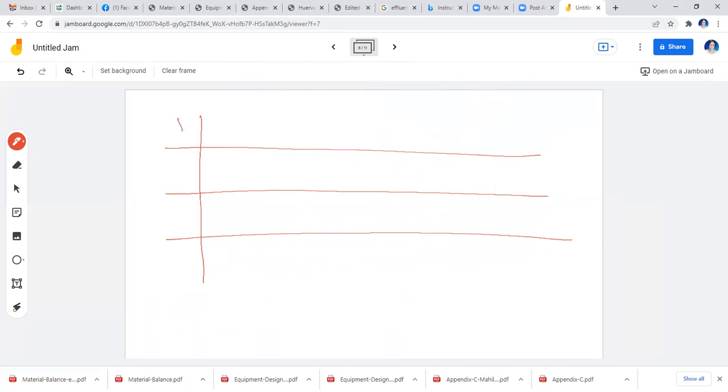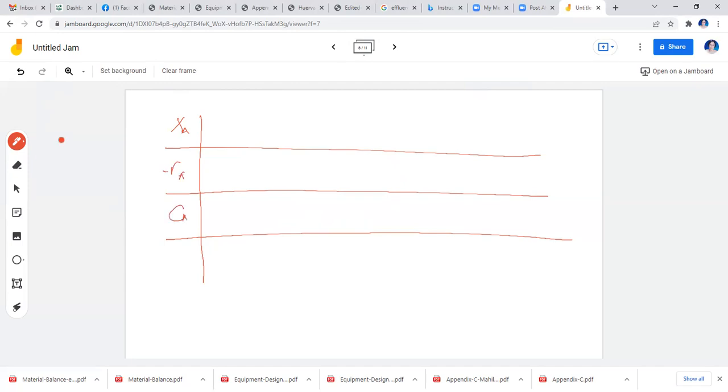I'll have here the XA for each run. I have here the V sub O, and I have here, oh sorry, not the V sub O, I'll have here the rate. And I have here the C sub A.